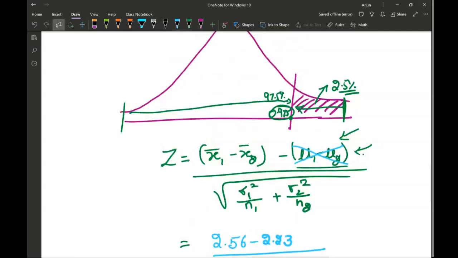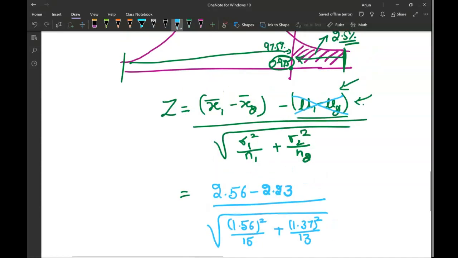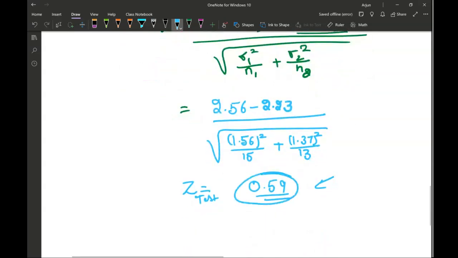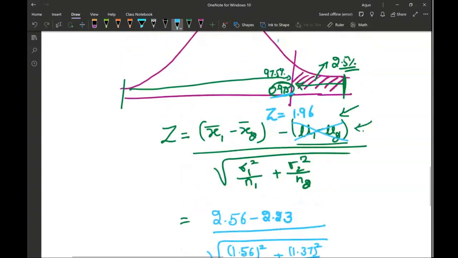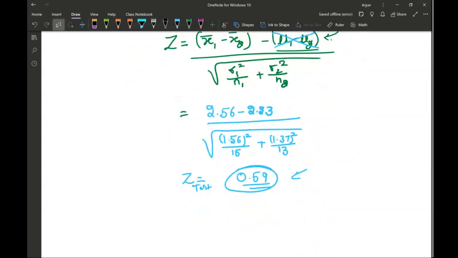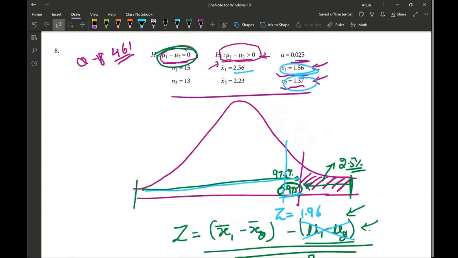This is the z test, and here at 0.975 I need to figure out the z value. That is 1.96 positive. So this value will lie somewhere here in the confidence interval. For this one, I will say that we don't have sufficient evidence to conclude that there exists enough difference between mean 1 and mean 2.